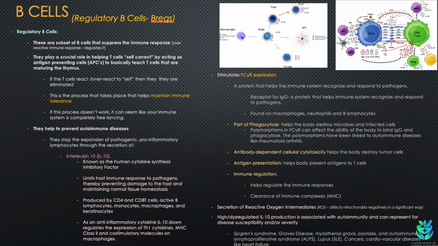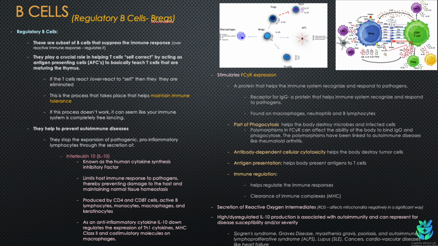As an anti-inflammatory cytokine, interleukin 10 down-regulates the expression of T helper cell cytokines, the major histocompatibility class 2, and co-stimulatory molecules on the macrophages. So the interleukin is what's helping to keep your T cells, your major histocompatibility complex, and the way it responds regulated so that it doesn't cause you harm.